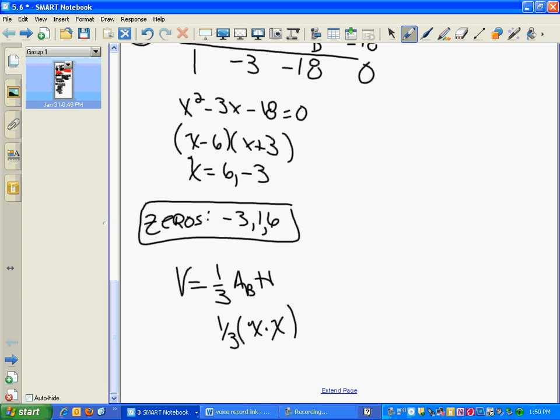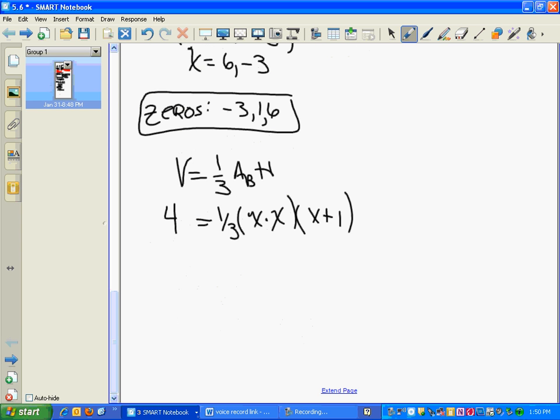Yeah, I'm just doing a longhand for the notes. And then what's the height? X plus 1. And what is the volume equal to? 4. So that's 1/3 x squared times x plus 1, which is 1/3 x cubed plus x squared.